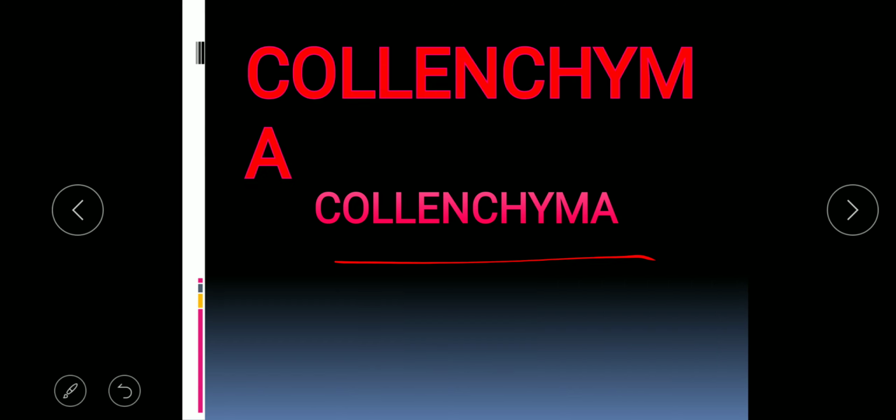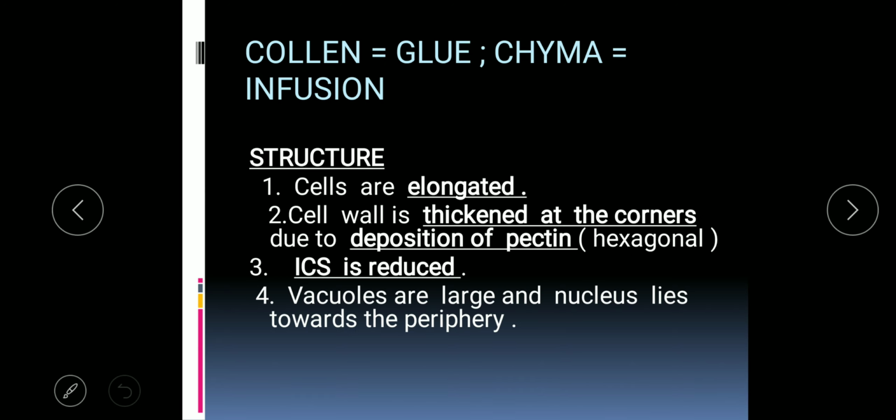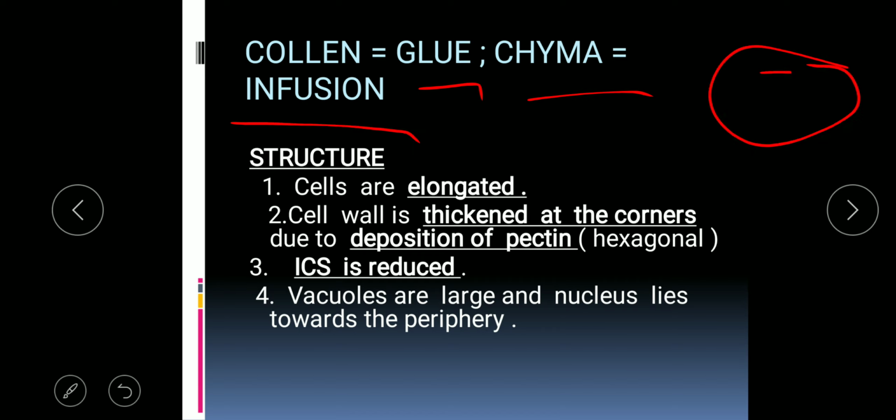So this is collenchyma. First we have to understand the literal meaning of collenchyma. Collen is the Latin term which means glue, and chyma means infusion. So inside a cell, the cytoplasm and the cell organelles are present in the form of what? Infusion.